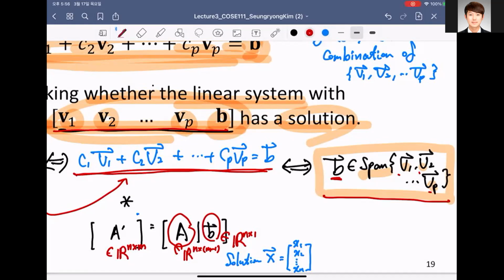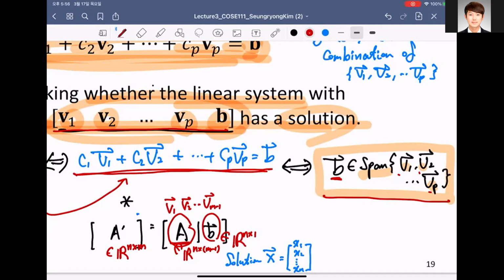Let's suppose that this matrix A consists of the vectors v1, v2, up to v m minus 1, right?